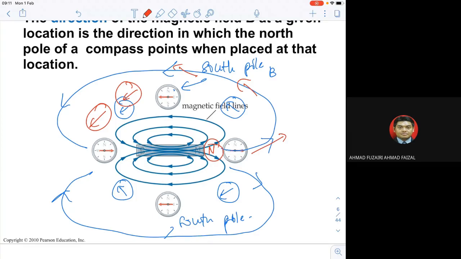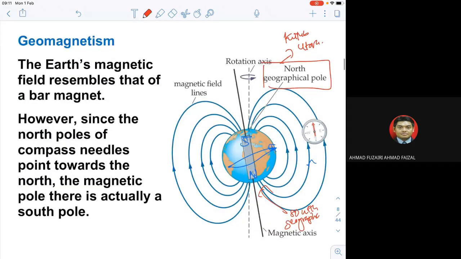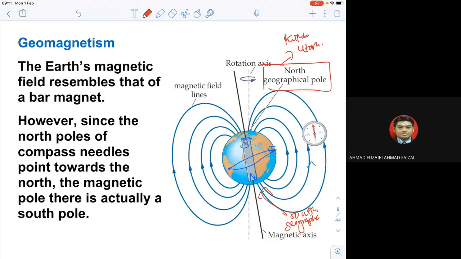Look at this. Try to imagine that this is your globe. We can see that the red arrow is pointing to the south pole of the magnet, not the north pole. So we can conclude that the north geographic pole is actually the south pole of the magnet.